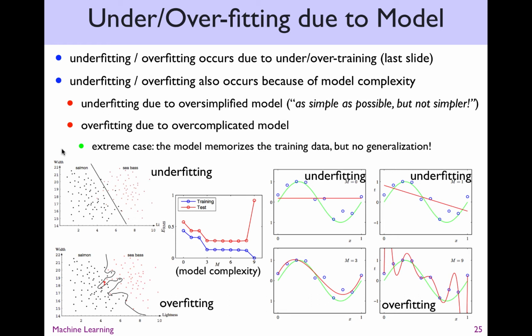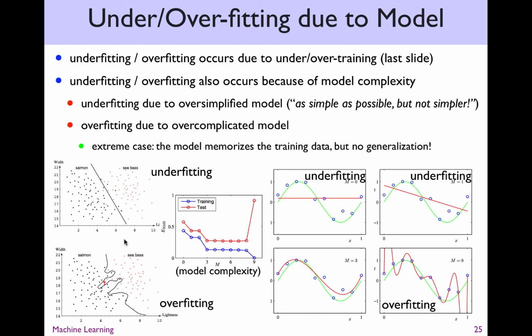If you remember the salmon versus sea bass example, a linear line is extremely simple. That is an oversimplified model, which causes underfitting. That is, it has pretty high error on the training set. And as Einstein famously said, everything should be made as simple as possible, but not simpler, right?